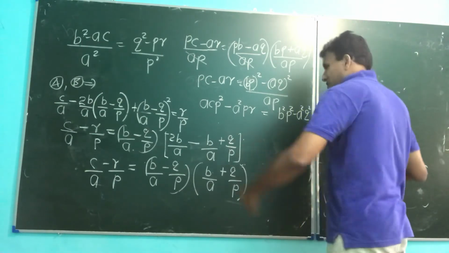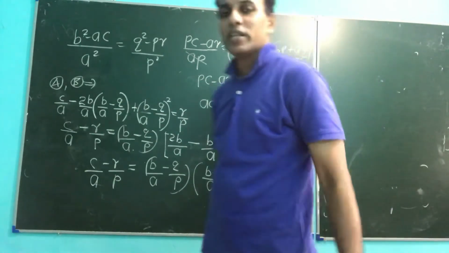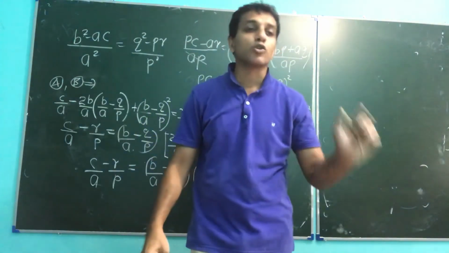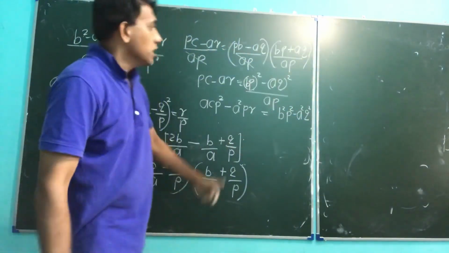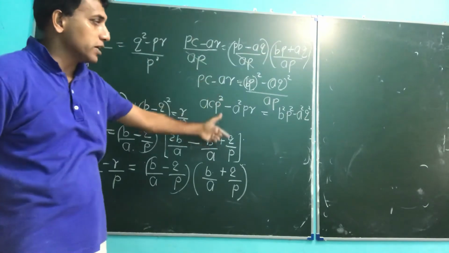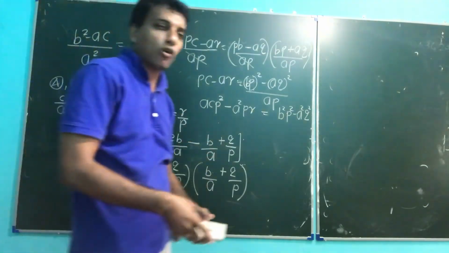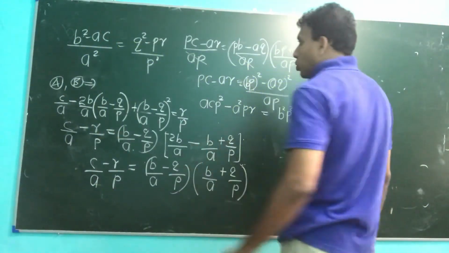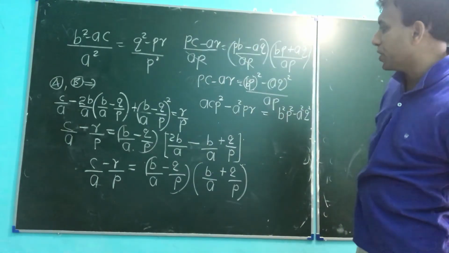So nothing more, all are simplification. Only the thing alpha plus beta, alpha into beta. Using that, we use many steps here. It is a subject-of-the-formula type. So see, according to the answer, I will rearrange.